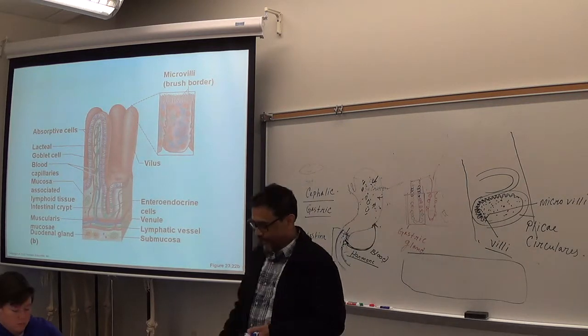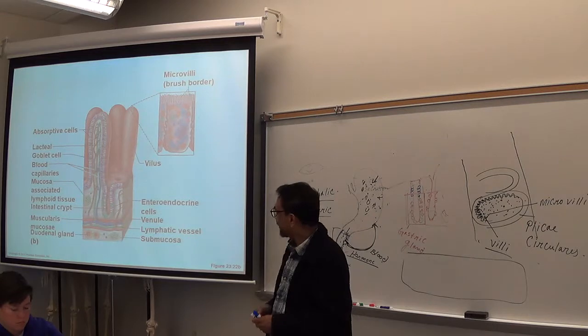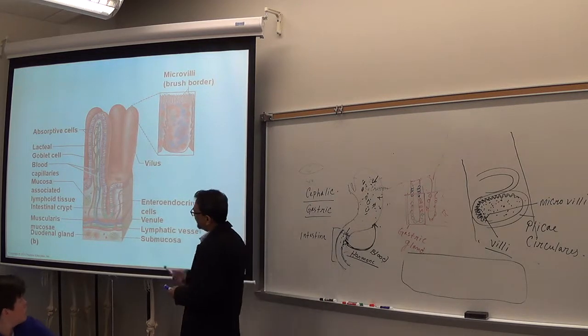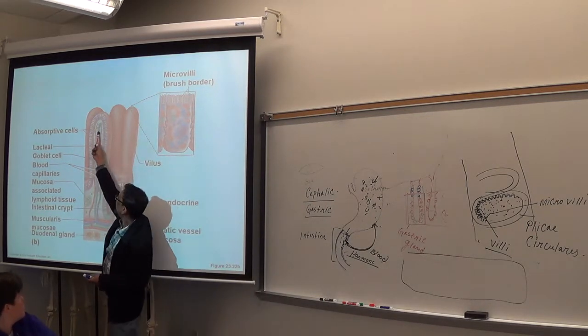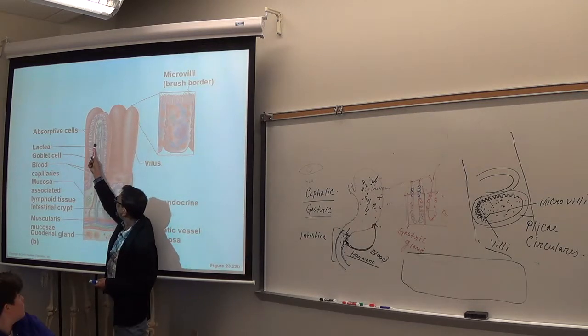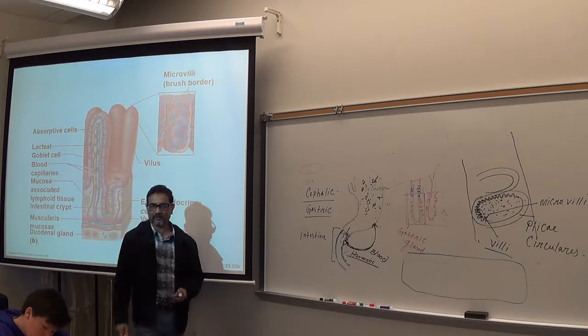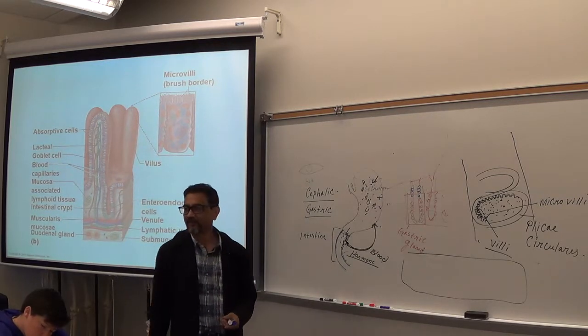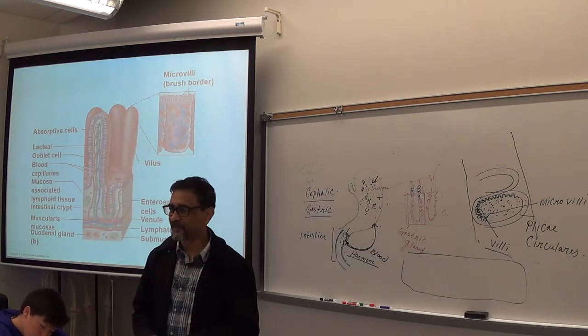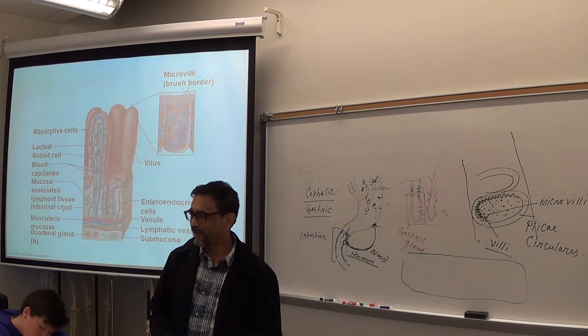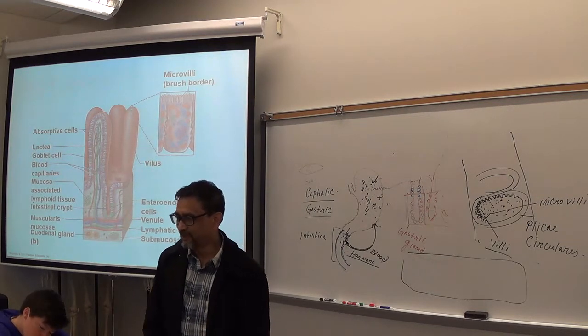Now, another thing is important here. Inside each villus, you have blood capillaries and lymphatic capillary. Do you remember lymphatic capillary? Do you remember lymphatic system? Lymphatic capillary, you answered the difference between lymphatic and blood capillary, right?